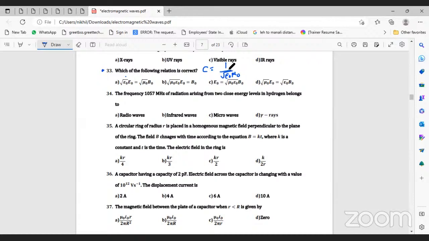Correct, no? So speed of light C is equal to 1 divided by root epsilon naught into mu naught. Also, C is equal to E naught divided by B naught.